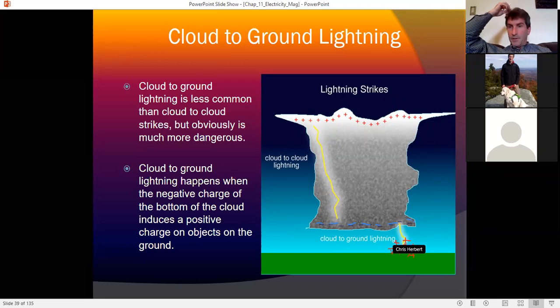As it happens, you'll start feeling your hair standing up, and eventually, when enough charge is built up, you'll get the discharge. So if you're ever out in the open with a thunderstorm around and your hair starts standing up, it's time to get to a lower altitude, a location where you're not out in the open.